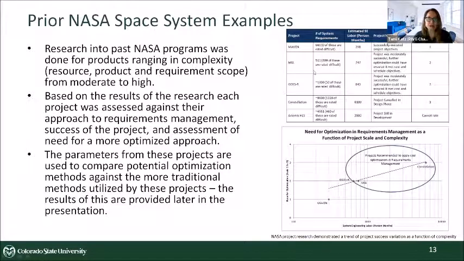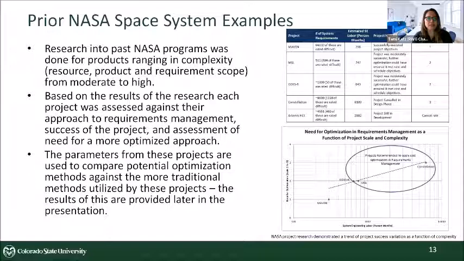So I took those 4 items, and then I also looked at a bunch of different space projects. As I mentioned with NASA, these are the 5 different ones I studied, just using information available to me. And I was able to find out things from how many requirements they have, to various parameters of success, and success is judged by the GAO office here.